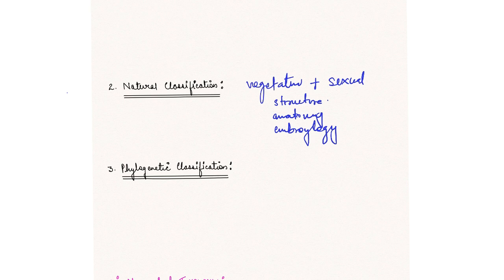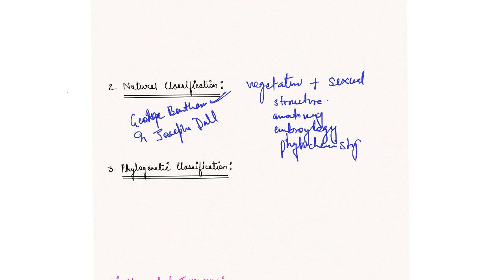So this is basically the better system of classification, right? Their phytochemistry and a lot of things. Right, so this is better than the artificial system of classification. This was given by George Bentham and Joseph Dalton Hooker.